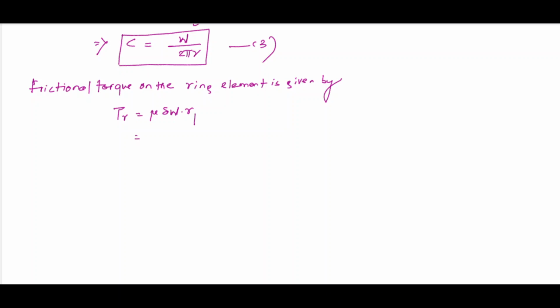Okay. So this mu into del W is 2 pi C dR1, into R1. So it is 2 pi mu C R1 dR1.